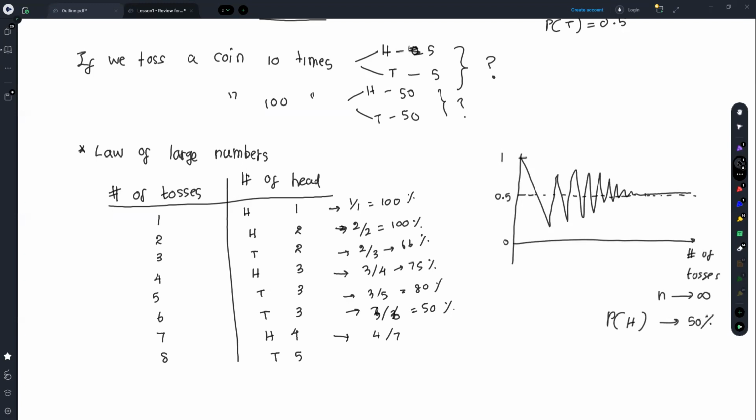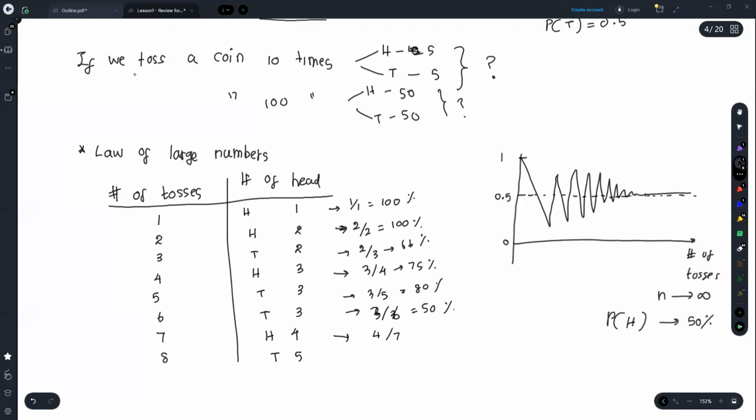So that is why we say probability of head is 50%, right? You can't say, just by tossing a coin 10 times, 50 times, or 100 times, that the probability of head is 50%. These probabilities were calculated based on the law of large numbers. When you do the experiment under the same condition a large number of times, the probability that the event will occur converges to a certain value. So that is the probability of that event, right?